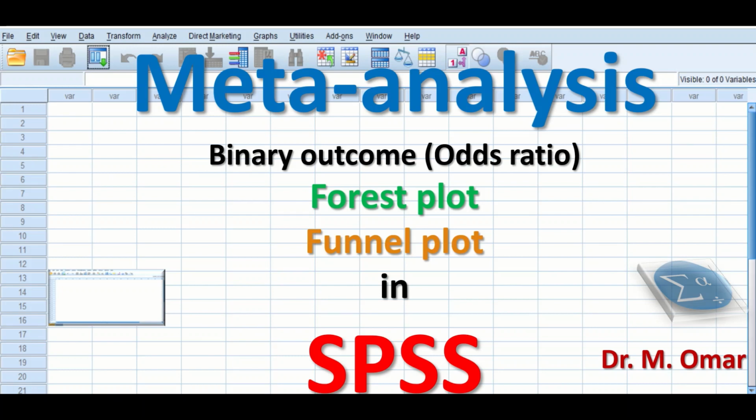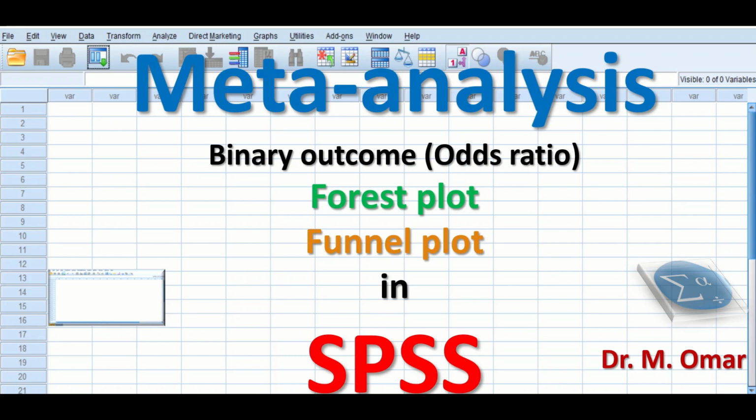So the forest plot will display the magnitude and the direction of the treatment effects relative to control across the different studies, and it will also identify sources of heterogeneity or inconsistency in the overall results.